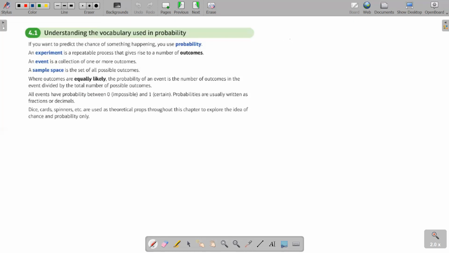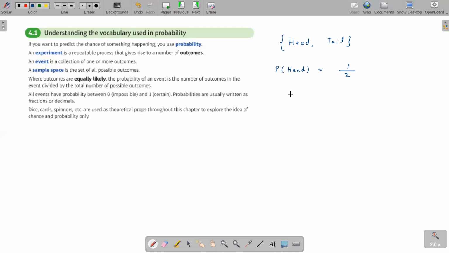There are only two outcomes. So what's the probability that you'll get a head? You write 2 at the bottom, and head is just one of those outcomes. So half, 1 over 2. That's one example.